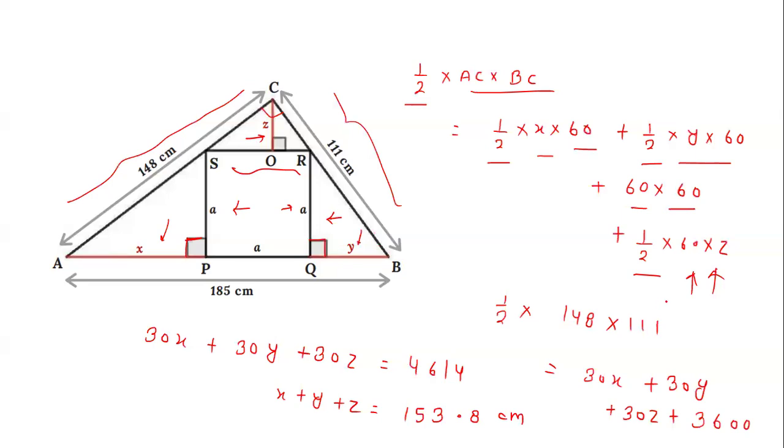So this is Z. From here you can put the value of AC and BC like 148 and 111, and it will come like 30x, and this will come like 30y, and this will come like 30z, and this will be 3600. So after simplifying, it will come like 30x plus 30y plus 30z is equal to 4614, and if you divide by 30 it will come like x plus y plus z is equal to 153.8 centimeters. So in this way we can solve this.